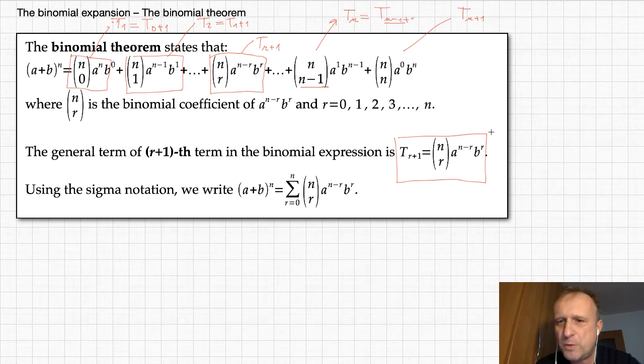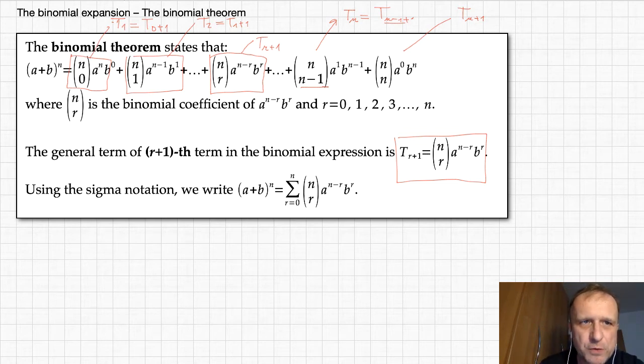What you can see is that the r plus 1th term has the coefficient n choose r, the power of a is n minus r, and the power of b is r, as can be seen here. The sum of the powers, n minus r plus r, is n, as it should be. It should be equal to this number here. And that's it. It has the correct general form.